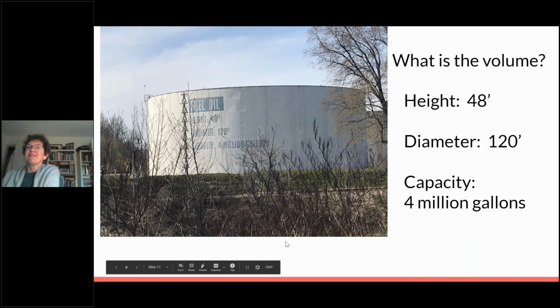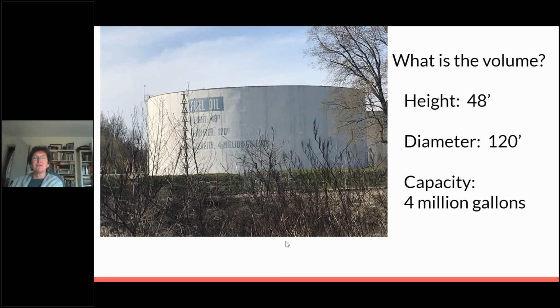So here is a real life example. My husband and I, during the quarantine, were taking lots of walks along the Cleveland Metro Parks, and we were on the east side, the Canalway Center, and we came across this huge gasoline tank.